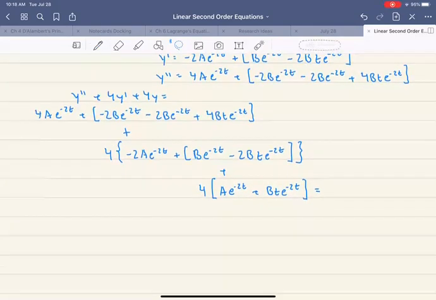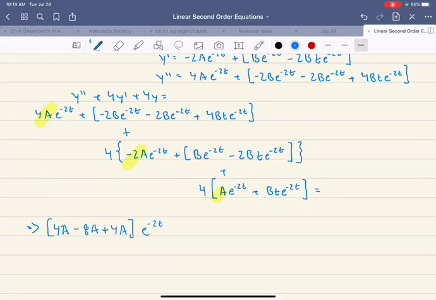So the terms with a, we're going to have 4a, that is this term, minus 8a, that's this term, plus 4a, that's this term, all times e to the negative 2t. Okay, but you can see that this is going to be 0, right?